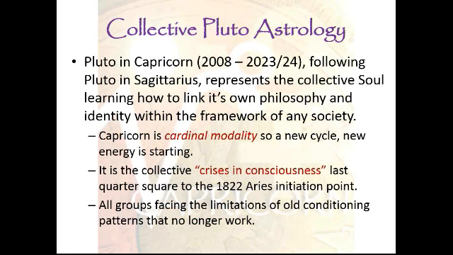This represents on a collective soul basis all kinds of groups and societies learning how to link their philosophy and collective identity within the framework of any society, or in our case today, within the framework of planet Earth. The entirety of the globe, the global village.